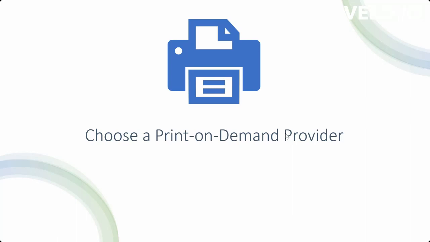And next, look for providers that offer a wide range of products, not only limited to t-shirts but going beyond that, like bags, cups and mugs, with customization options to cater to your target audience. So you have to consider all these points while choosing a print on demand provider.